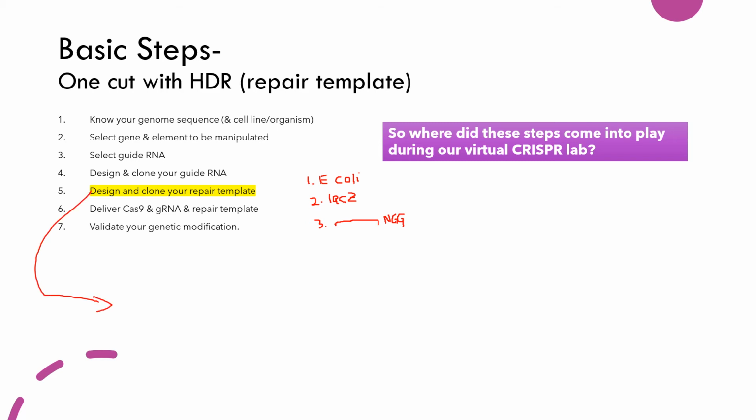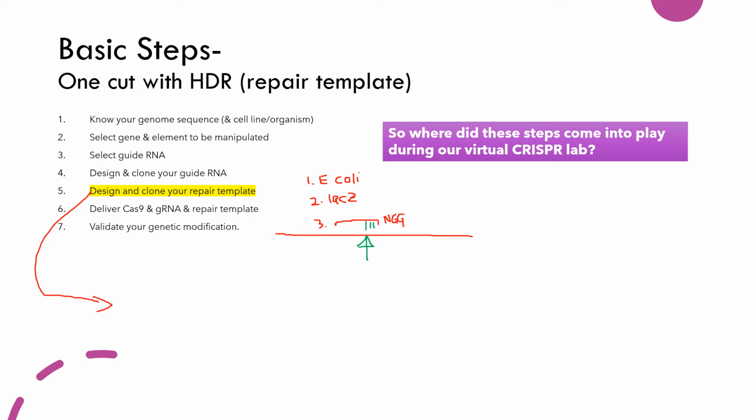So remember, we talked about where the PAM site is, where the Cas9 actually cuts. It doesn't cut at the NGG. It cuts 3 nucleotides into the target sequence. So our cut is going to occur here.